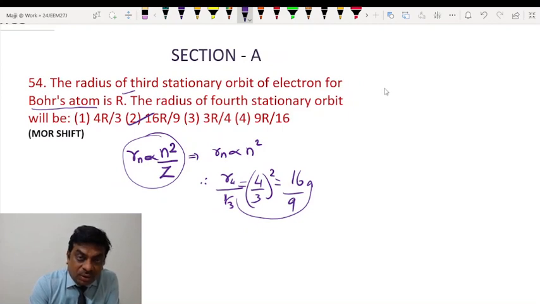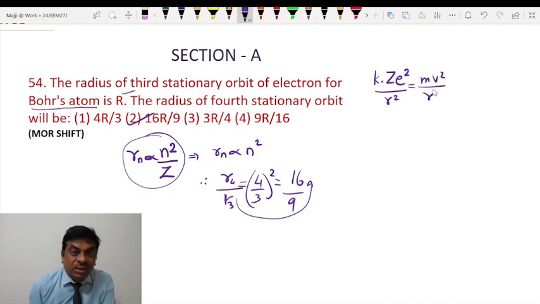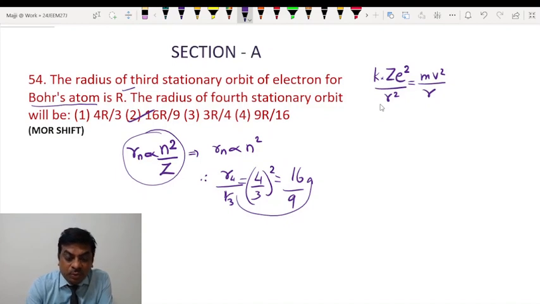Just the first law is Rutherford's law, which states that the electrostatic force acting on the electron provides the centripetal force required for its circular motion around the nucleus. So this is the electrostatic force, students, where Z is the atomic number, there are Z protons, so Ze will be the protonic charge of the nucleus and e is the electronic charge.